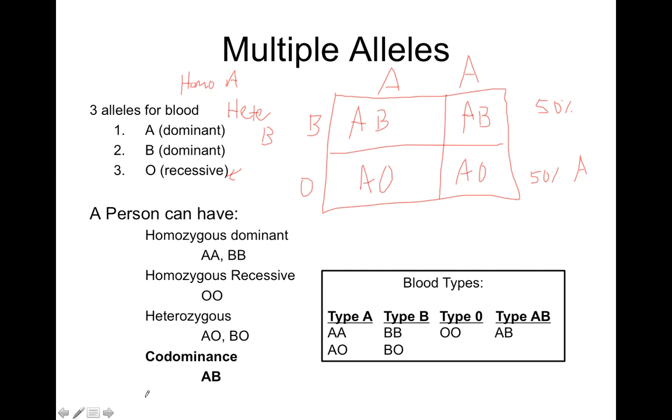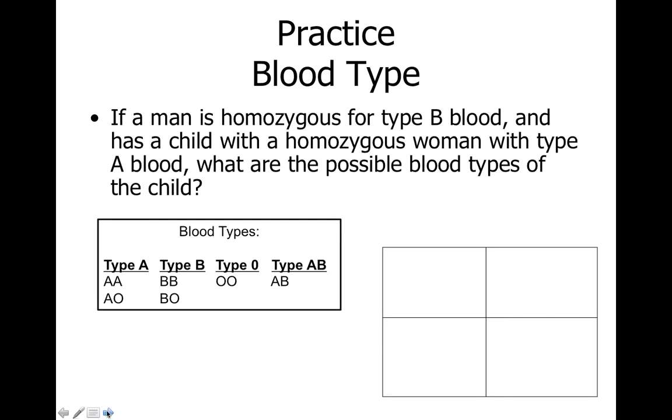Now, what I want you to do is practice on your own. I want you to cross this right here. If a man is homozygous for type B blood, which is your example on the right, and a homozygous woman with type A blood, what are the possible blood types of this child? Go ahead and try that on your own. Pause this video because I'm going to give the answer right now.